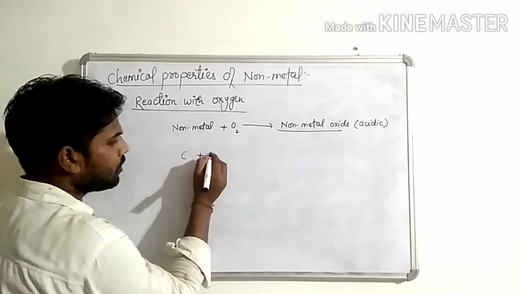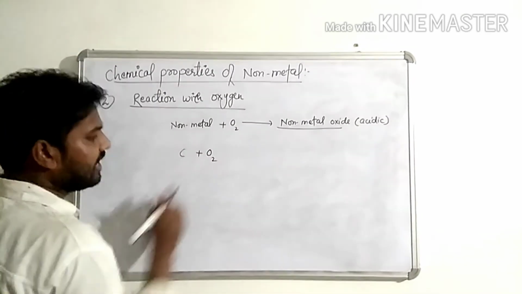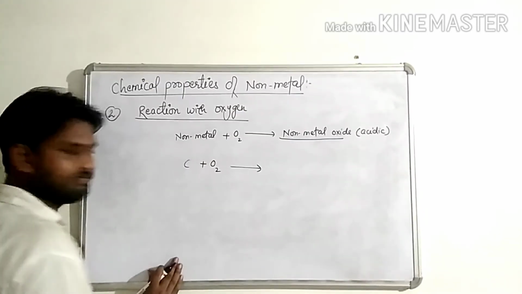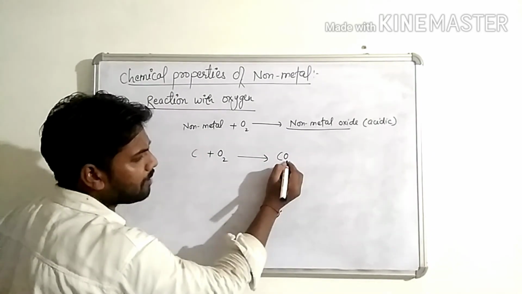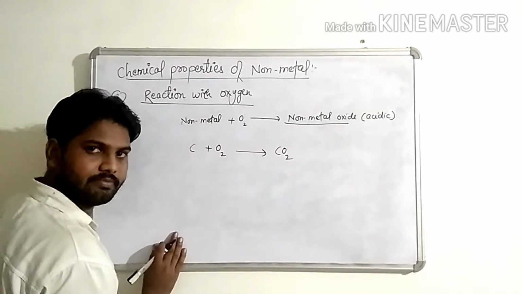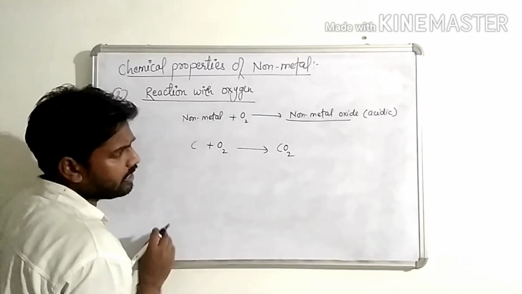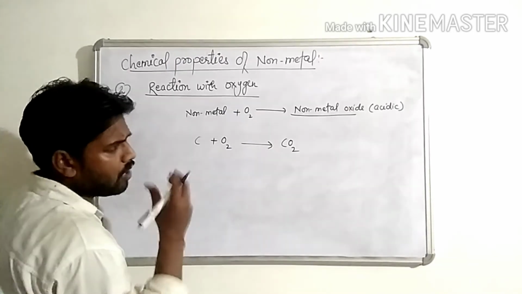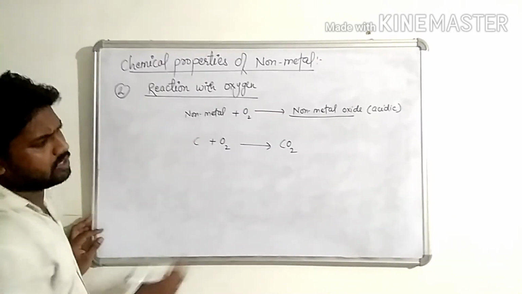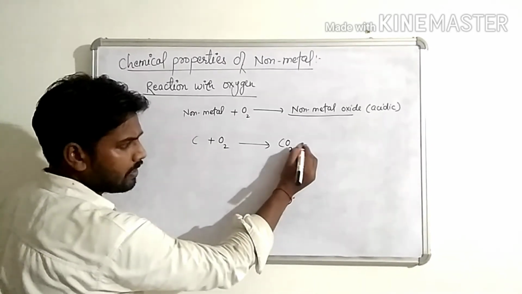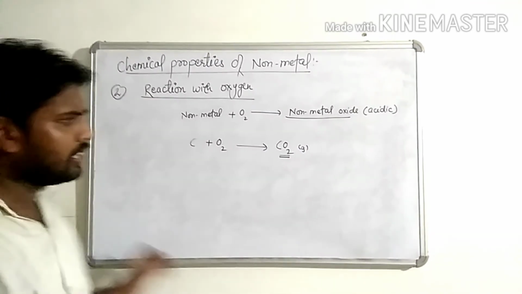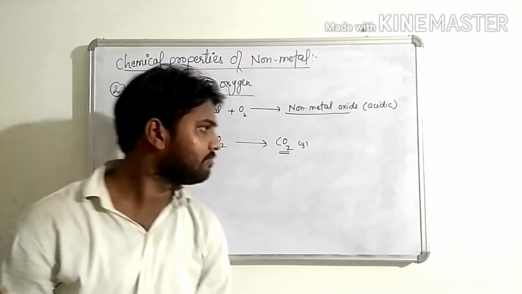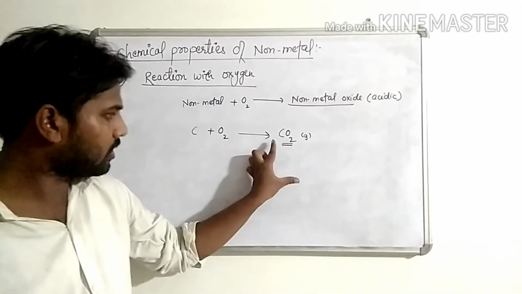When carbon combines with oxygen, it is very simple: it forms carbon dioxide. But children, how does this gas show acidic behavior? This is the concept.